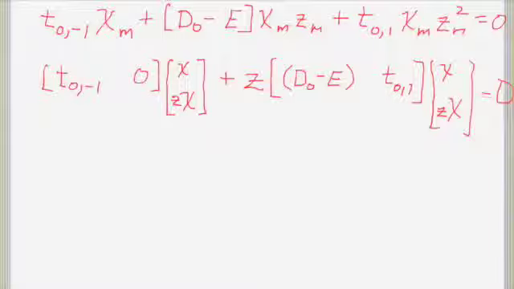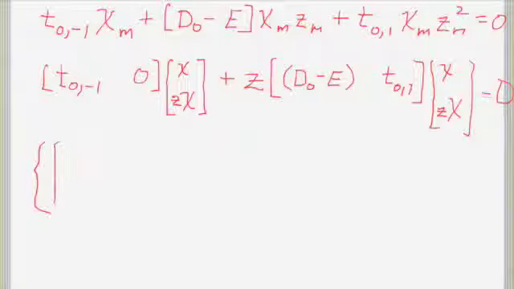And now, to turn this into a generalized eigenvalue equation, which is what we need, we had a trivial second row to this, which looks like this.